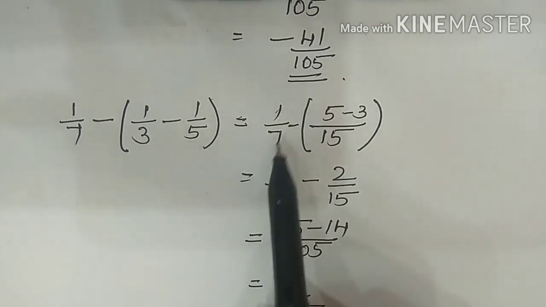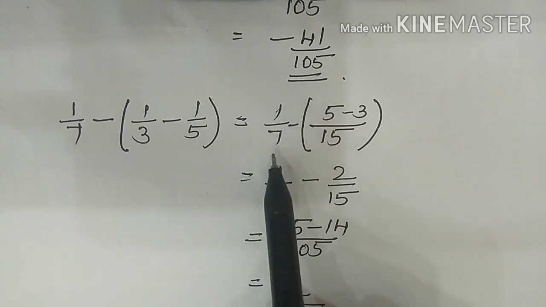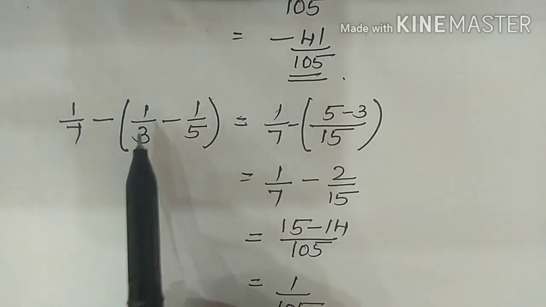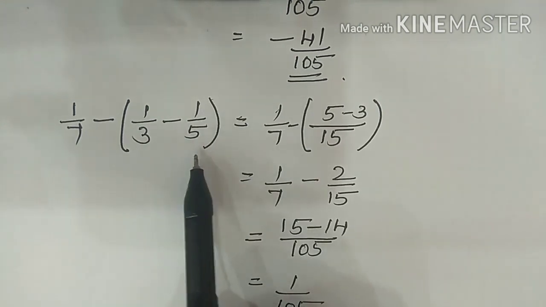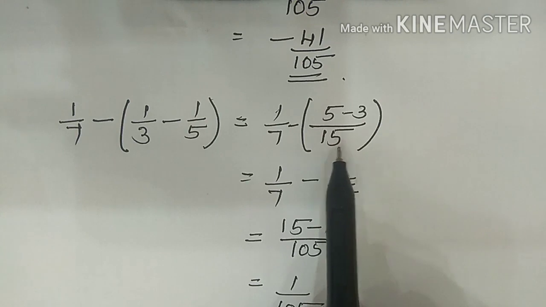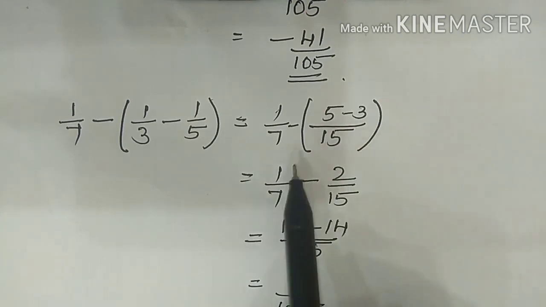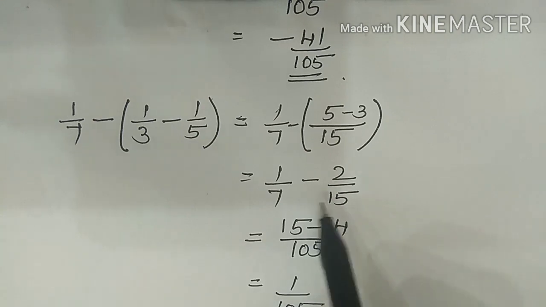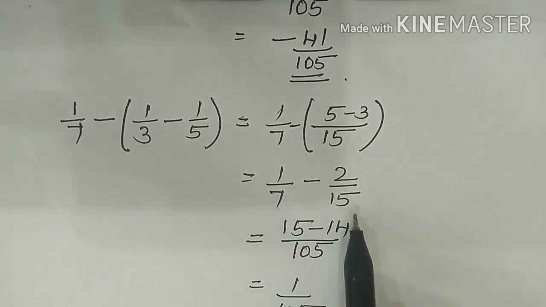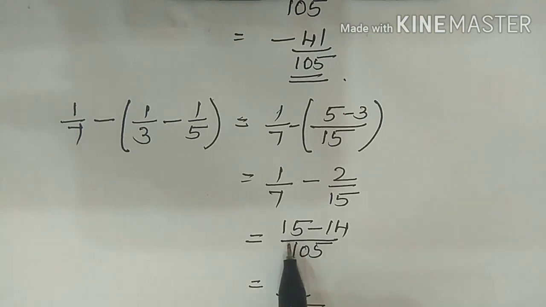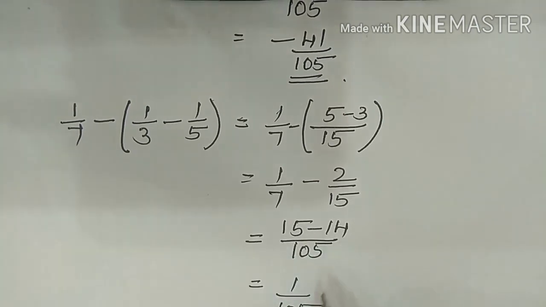The first rational number will be the same, that is 1 by 7 minus the bracket of 1 by 3 minus 1 by 5. Let's take the LCM of 3 and 5, which is 15. The numerator will be 5 minus 3, so that is equal to 1 by 7 minus 2 by 15. Again, the denominators are 7 and 15, the LCM is 105, the numerator will be 15 minus 14, that is equal to 1 by 105.